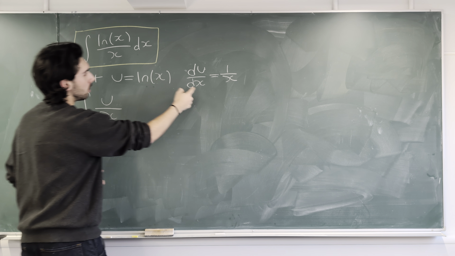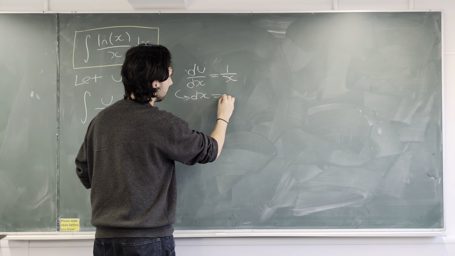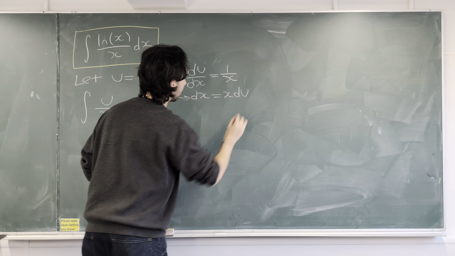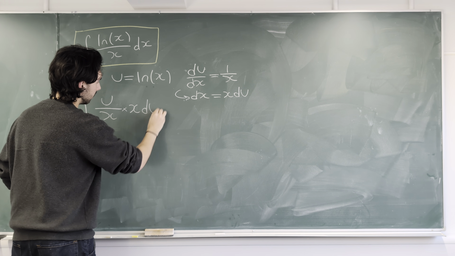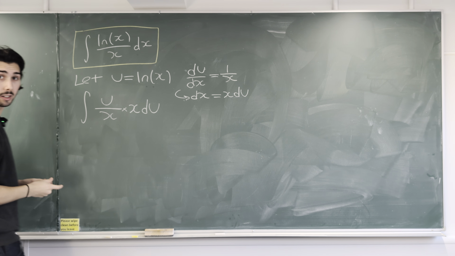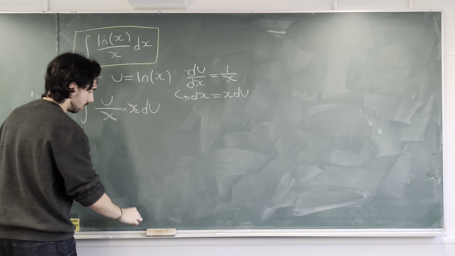And what is dx? According to this, dx would be x times du. And luckily, the x's just cancel out. So au revoir, goodbye.